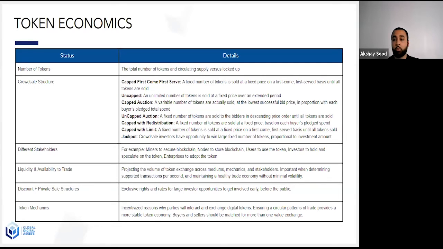Depending on how you want to do it, do you want to do an airdrop? A Dutch auction sale? A simple auction sale? Or a jackpot? So there are different ways to go to market, and it depends on the amount of liquidity you want to provide, the sales structure, and how you did your private sale, if you did one.